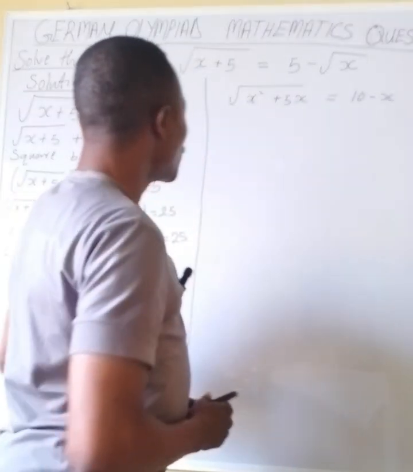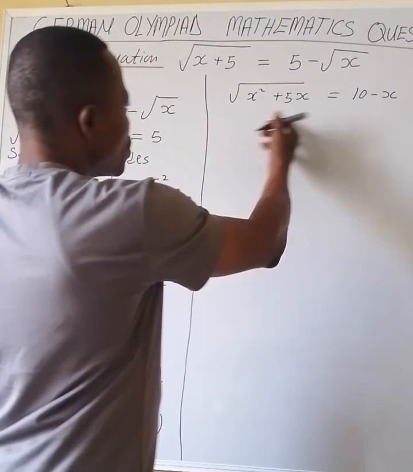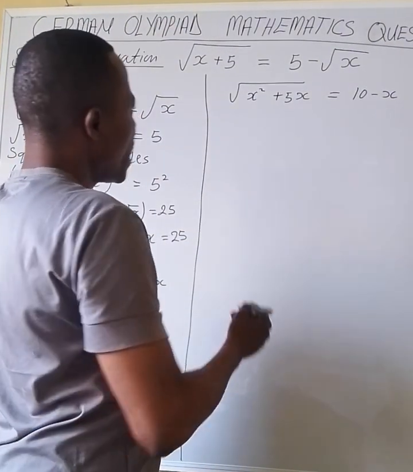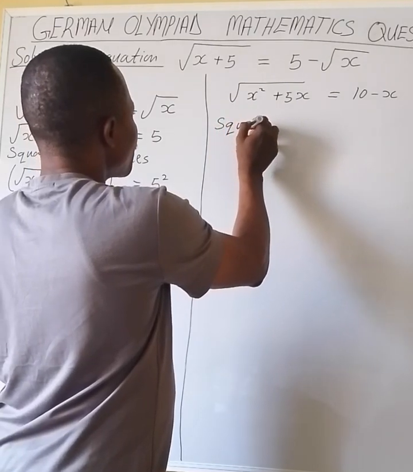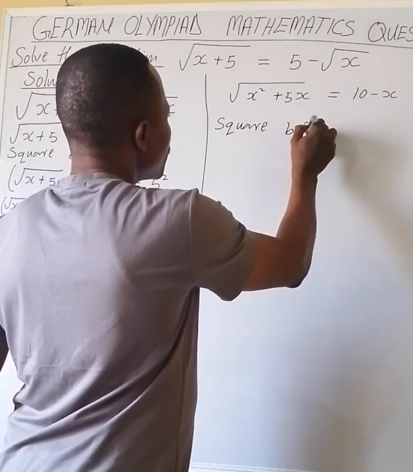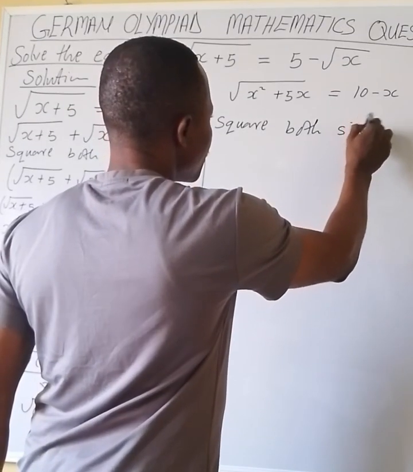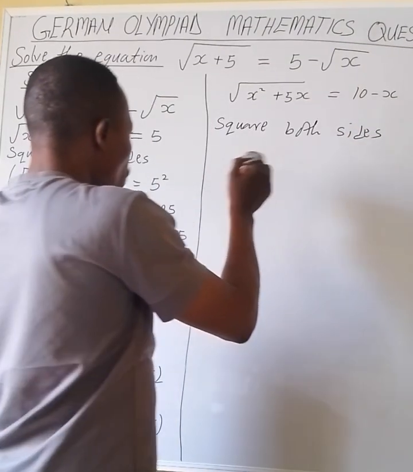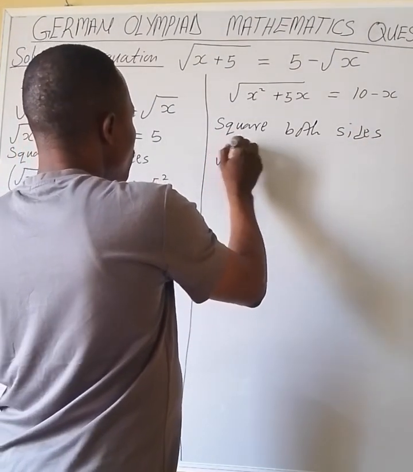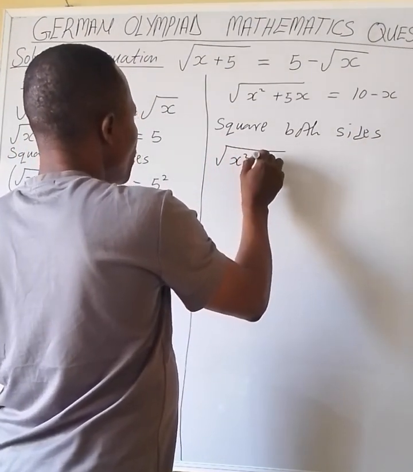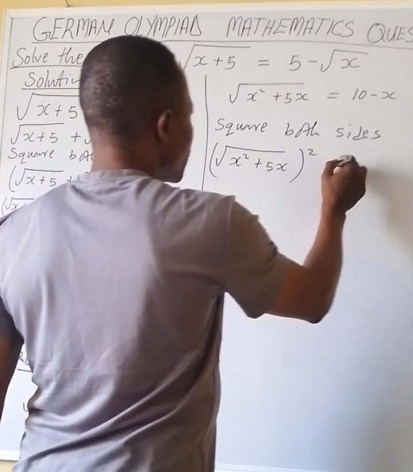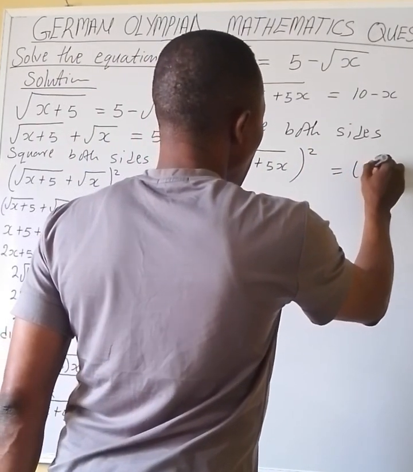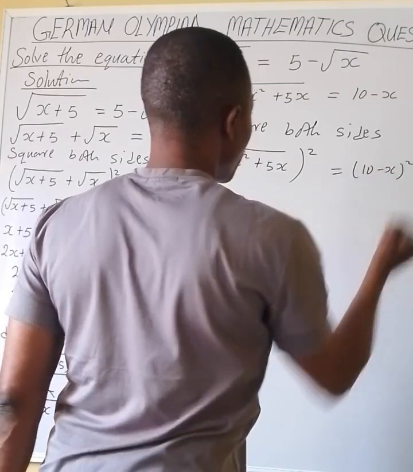So let's continue with what we are solving. This is where we stopped. The next thing we are going to do is square both sides. When you square it, it will give us square root of x squared plus 5x, squared, equals 10 minus x, squared.